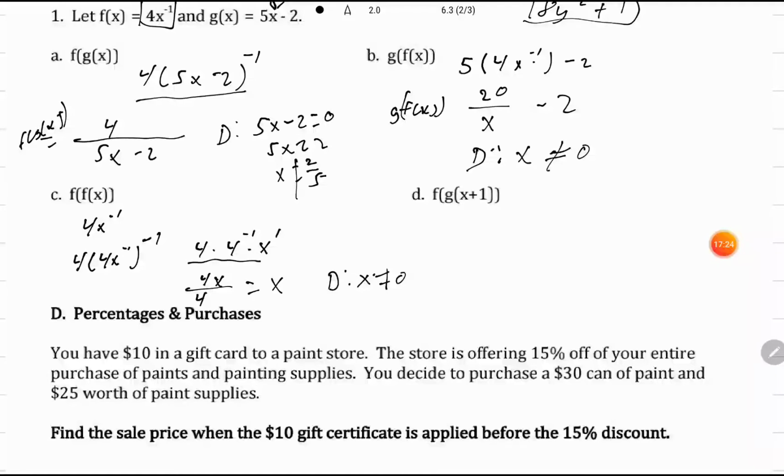But it doesn't matter if your end step, if any of the steps show an x in the denominator, then you're not allowed to have it there. And where does it show it? It's actually in this first step here. X to the negative 1. If I rewrite this, that's the same thing as 4 over x to the first. And that's the negative 1. Okay? Can't have 0 there.